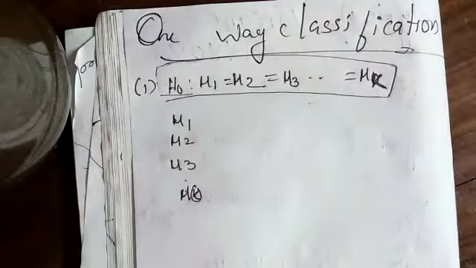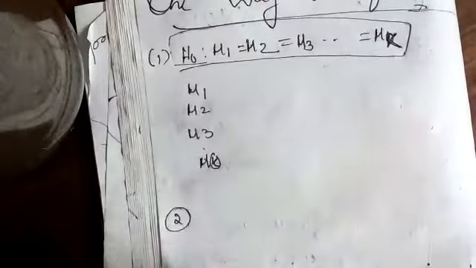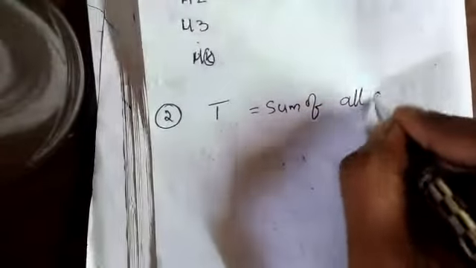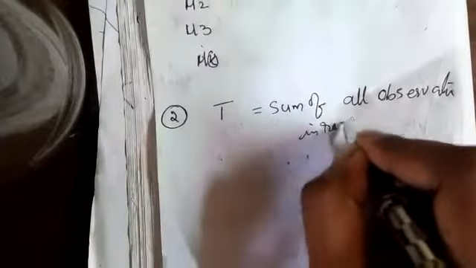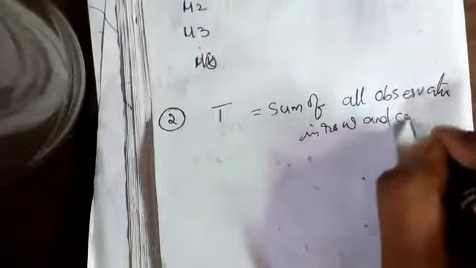We assume the null hypothesis. Next step is we calculate the T value. T is the sum of all observations in row and column. That means we have two populations P1, P2.